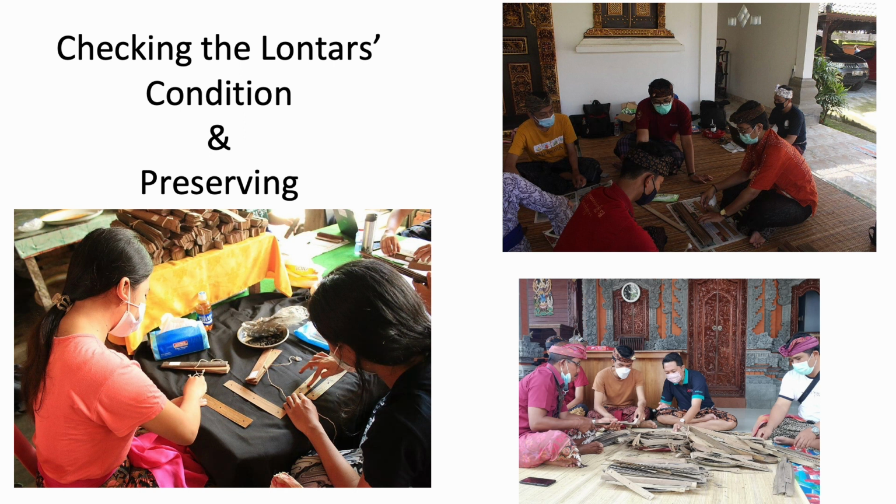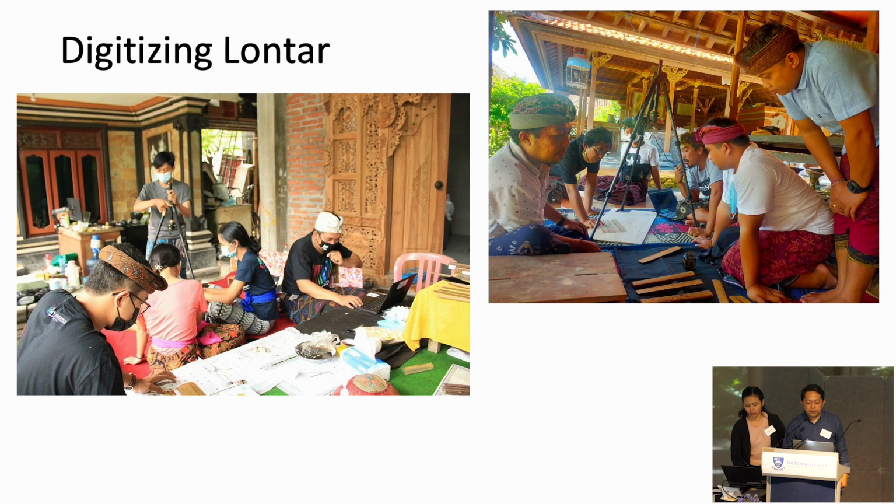We clean the surface of the Lontar from dust, insects, or fungi. We use citronella oil and alcohol. We mix them, and we also use candlenut charcoal to make it dark again. And then the next step is digitizing the Lontar. In this project, we only got permission to digitize the first page and the last page of the Lontar.